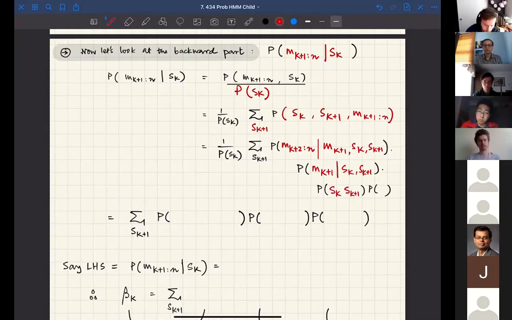Chain rule. ABC, A given BC times BC. This sk comma sk plus 1, I'm going to write as sk plus 1 given sk. I'm doing chain rule. Very good. So now this one, mk plus 2 till n, depends on what, guys? Now you have to tell me.